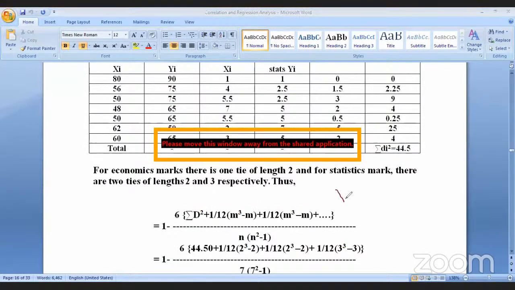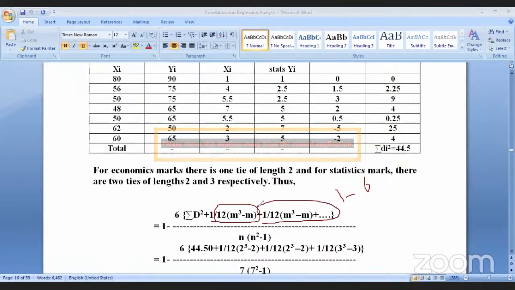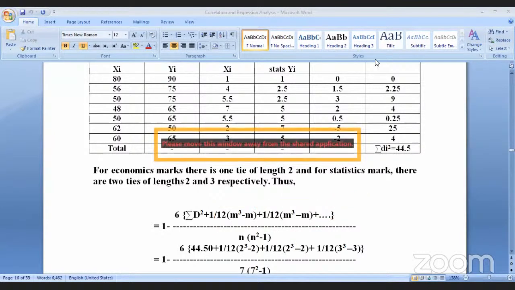1 minus 6 sigma d square plus 1 by 12 into m cube minus m plus 1 by 12 into m cube minus m. Based on the formula, we are going to expand the principle here. So here you see, ranks are repeated.